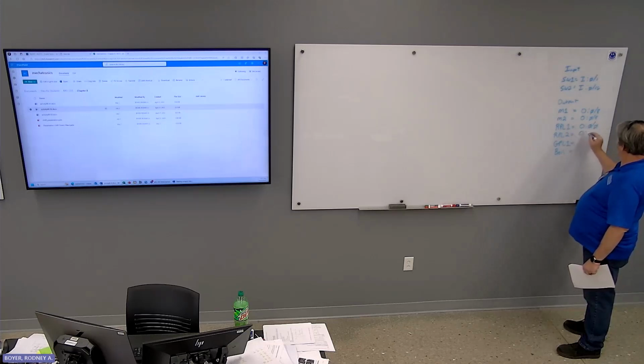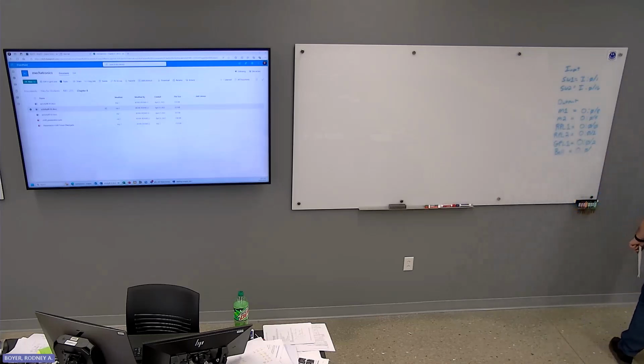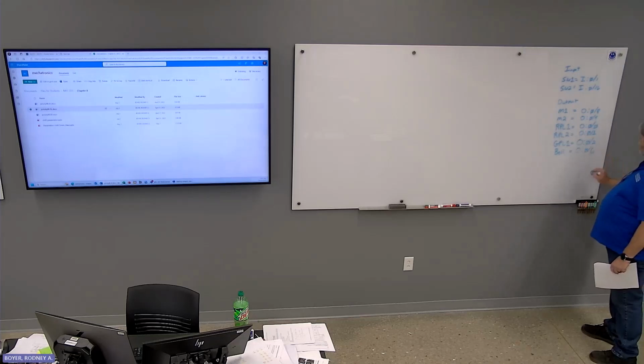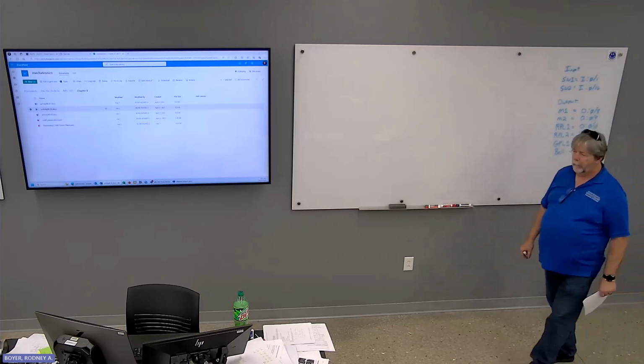Red pilot light 2 is output 1. Green pilot light is output 2. And for the bell, I usually use one of the 2 control relays, so we'll call it 6 this time. Okay.